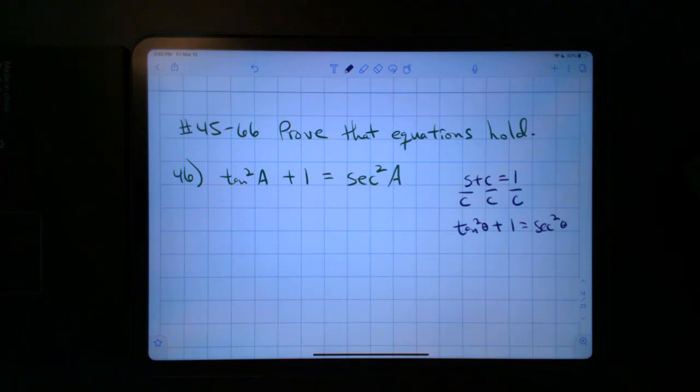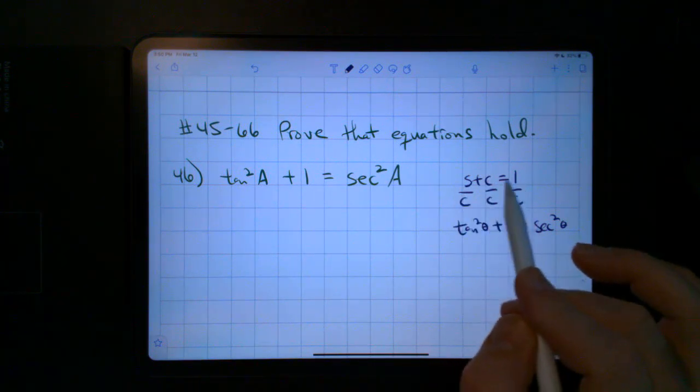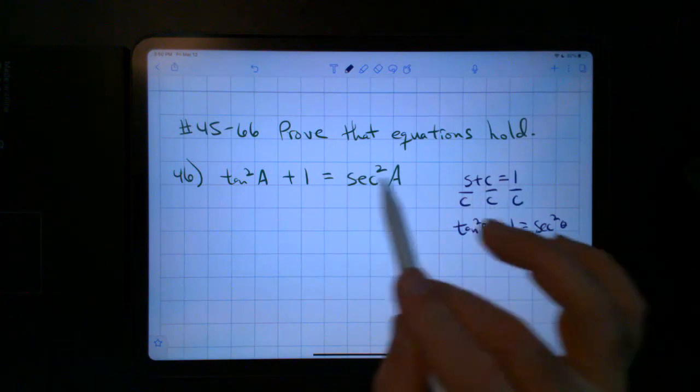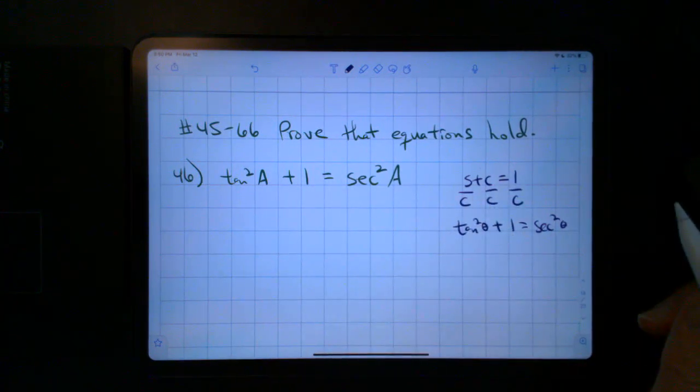Well, this is one of your basic fundamental identities. Sine squared plus cosine squared equals 1. You divide by cosine squared, you have your identity here.